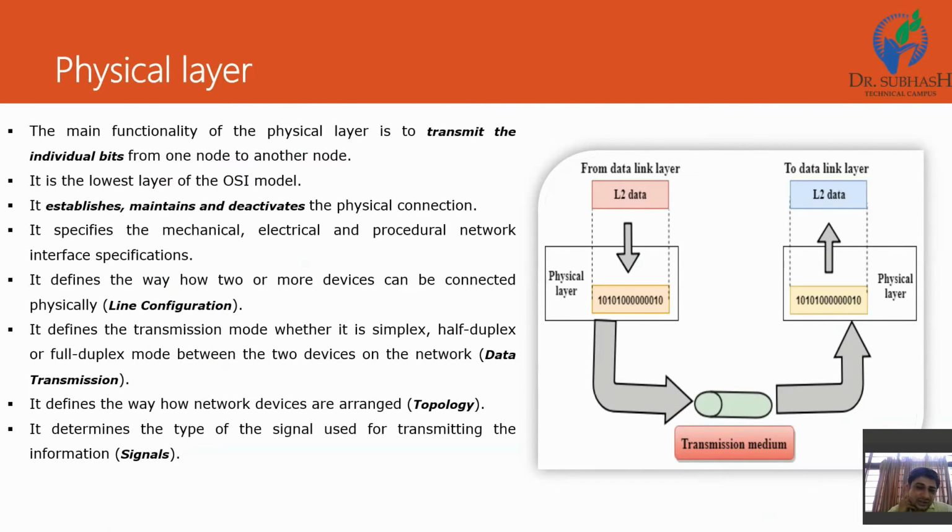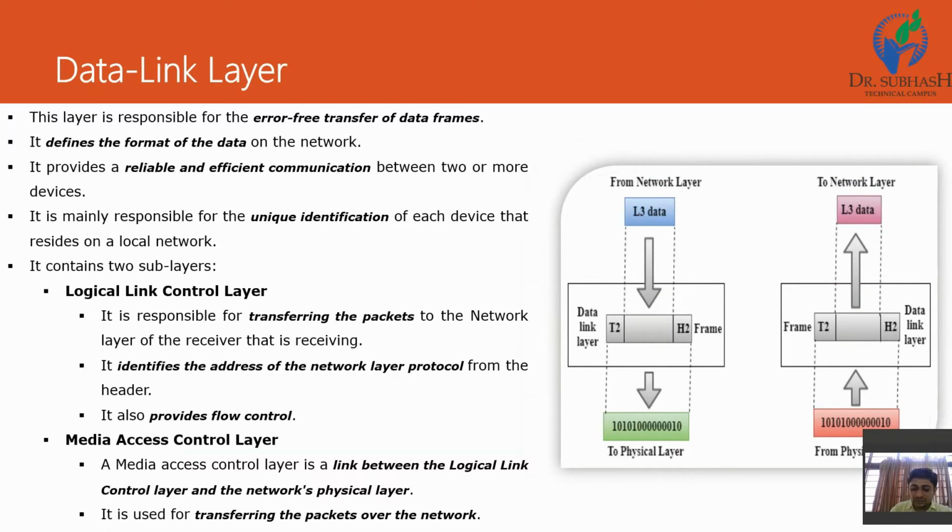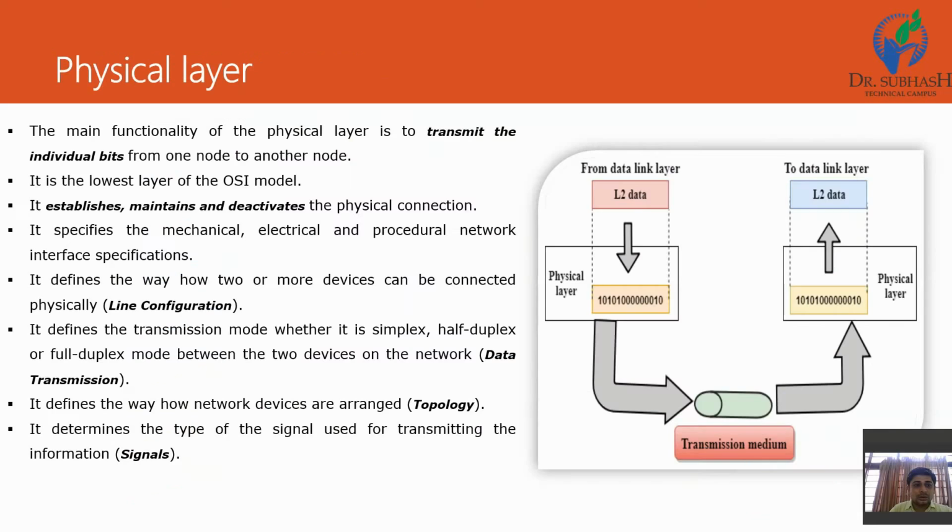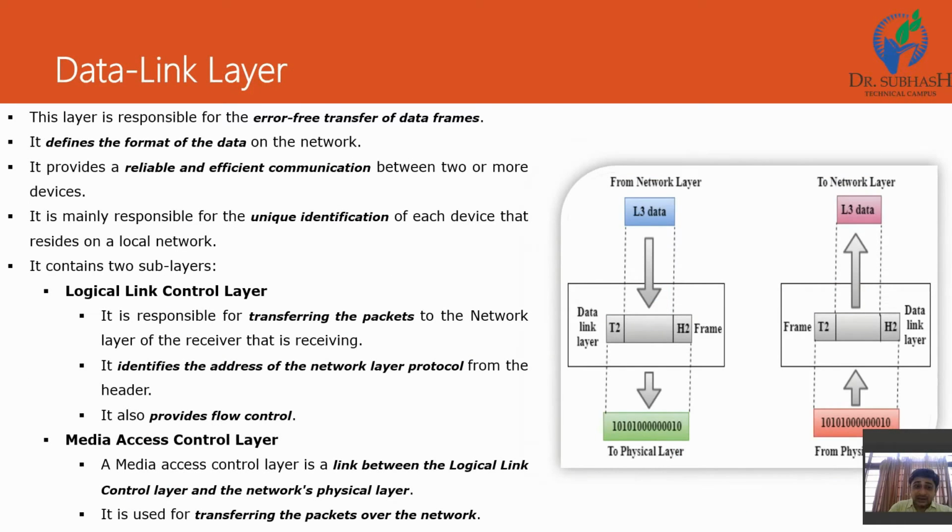In last lecture we discussed physical layer, that completely deals with the physical media on which we are passing our information. It deals with bits. After that, data link layer. It has 2 separate parts: logical link control layer and media access control layer.